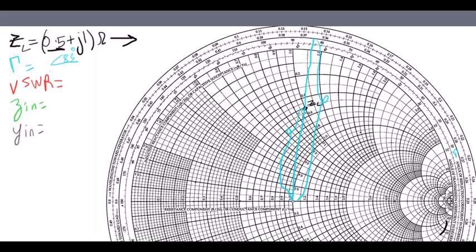If you use a ruler and you actually divide the length here, let's call this length d, the distance dZL, over the length to the edge for the reflection coefficient, and measure the ratio of length between those two, you will end up with approximately 0.62. So that would be your magnitude. It's as easy as that.